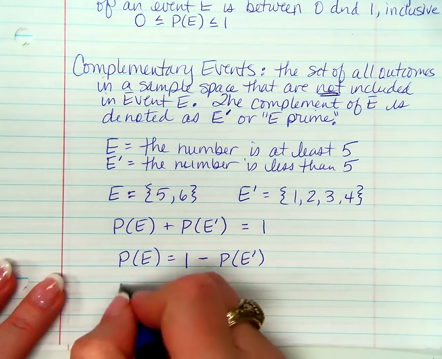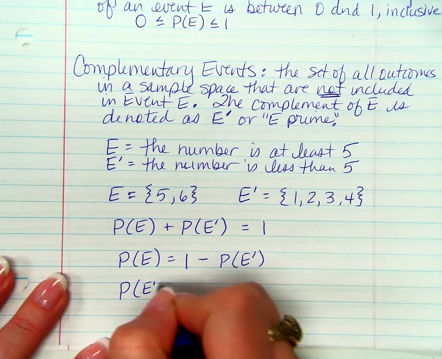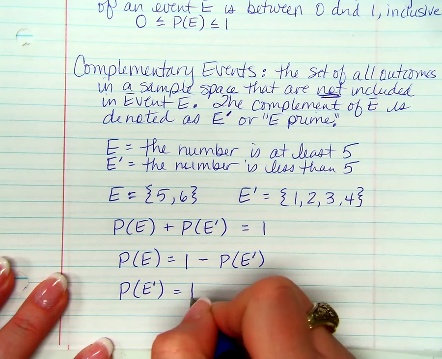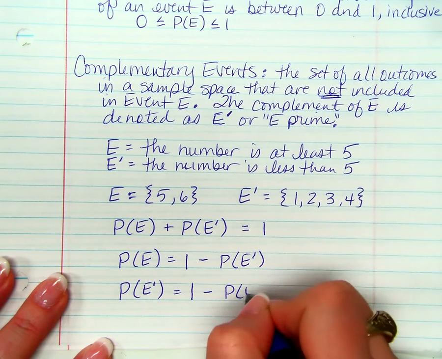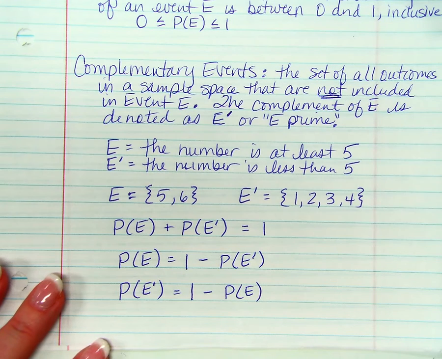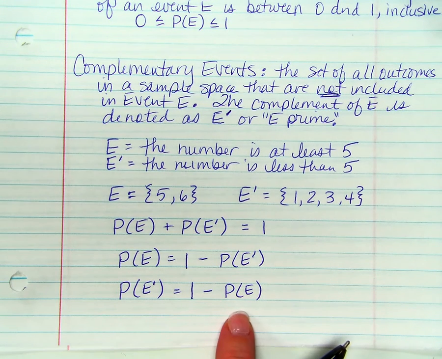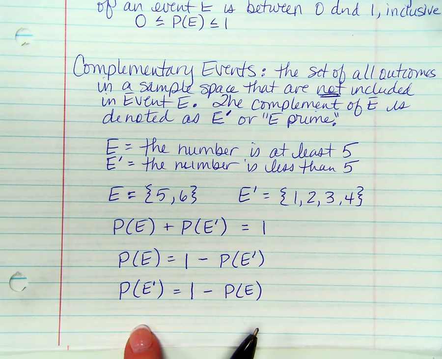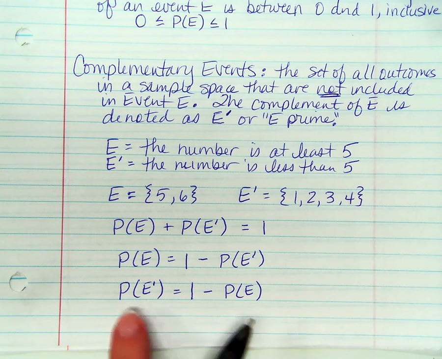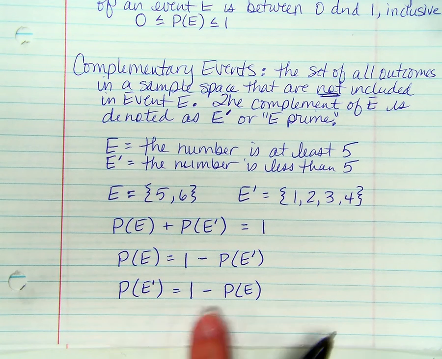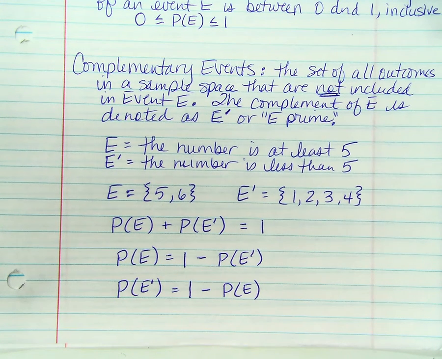Or better yet, if I'm trying to find the probability of the complement, couldn't I take 1 and subtract the probability of that event? A lot of times it'll tell you the probability of the event and it'll want the probability of the complement. You don't have to add up all the numbers for the complement. You can just say 1 minus the probability of that event. Okay? Does that make sense? Any questions about that?